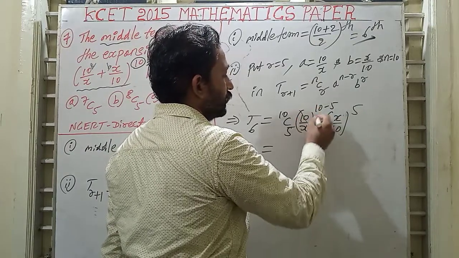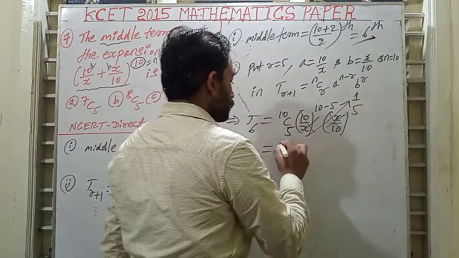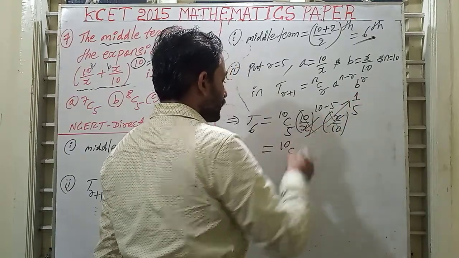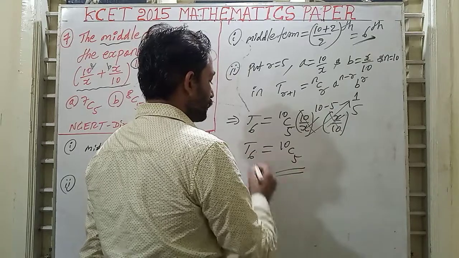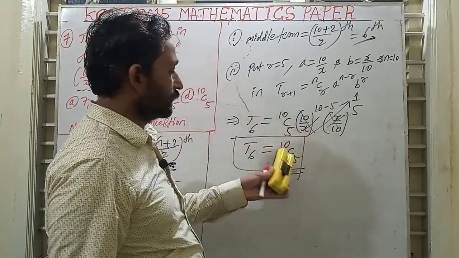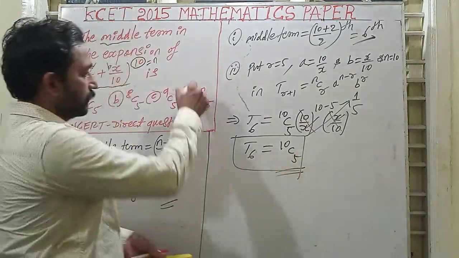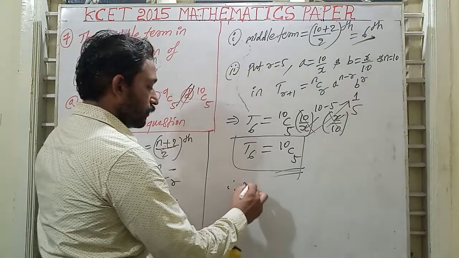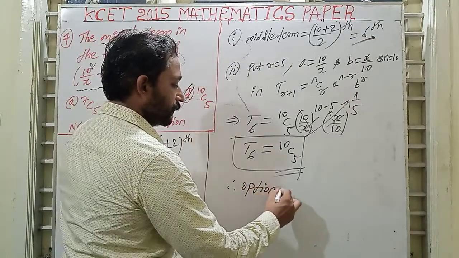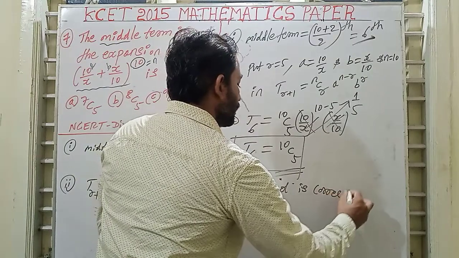Both are cancelled, the value becomes 1. So 1 times 10C5 is 10C5. So the sixth term, the middle term, is 10C5. Good answer. Which option is correct? Option D is correct. So very easy problem.